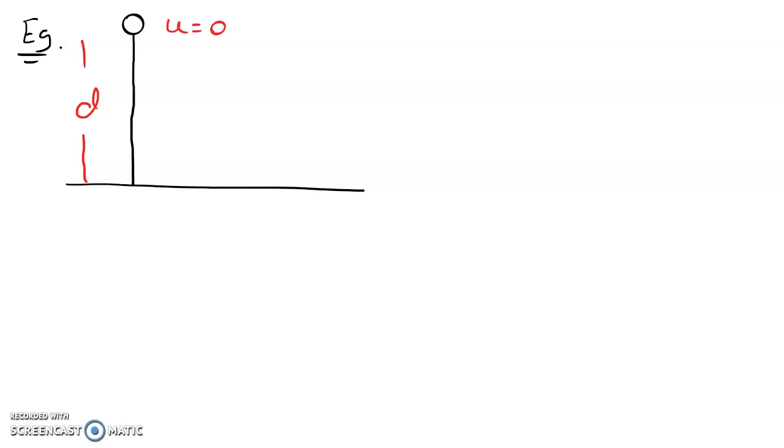And when it strikes the surface, it rises to D by 2. Like this, it rises to this height, half of the height.